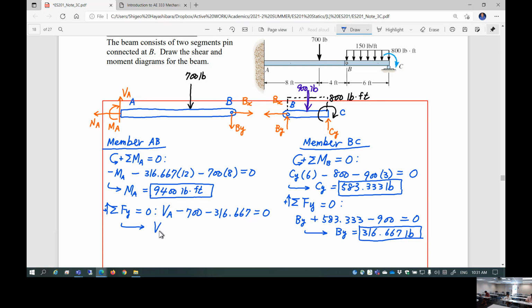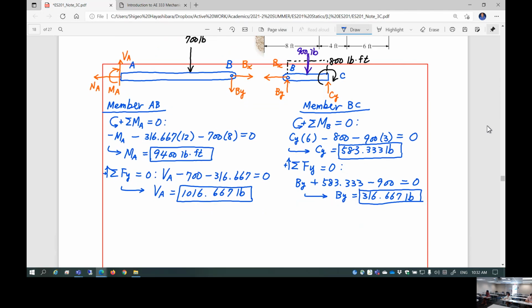This is going to give you shear reaction at A, 1,016.667 pounds. Okay, good. Now, I don't know Na, I don't know Bx, but I don't care because it's not going to come into shear and moment diagram. Okay? So now I'm ready to go.